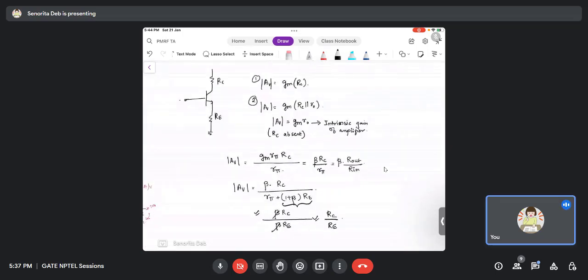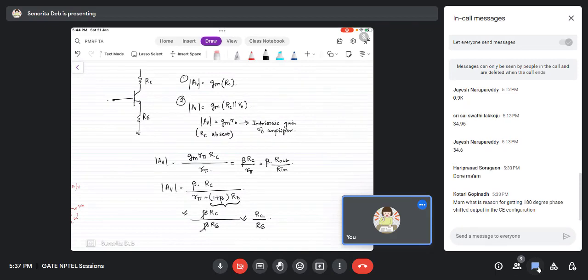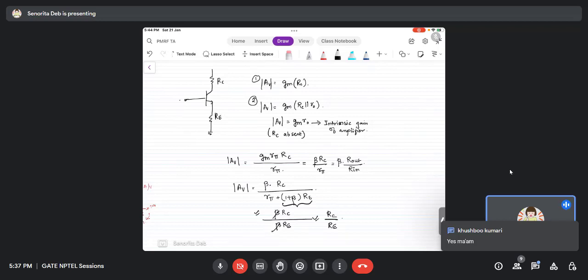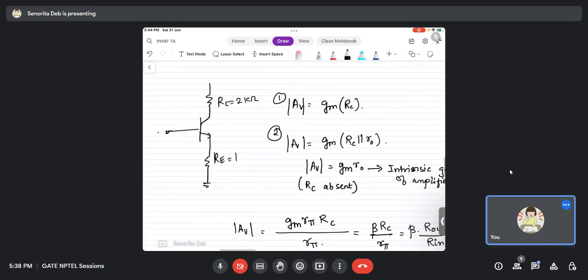Is it clear till here? I want a response from you guys. Clear, right? Okay, good. So there was one question in GATE in which RC was given, let's say 2 kilo ohm, I don't remember the exact value, and RE is 1 kilo ohm. They asked AV and nothing else was given.